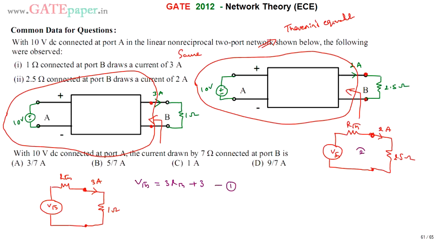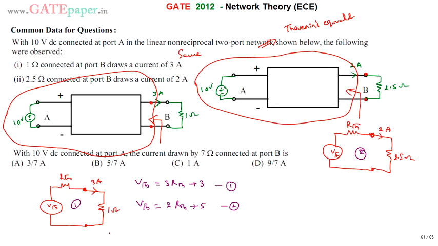From the second circuit, apply KVL: the current flowing is 2 amperes, so VTH is equal to 2 into RTH plus 2 into 2.5, which is 2 RTH plus 5 volts. This is the second equation. Now simplify equations 1 and 2 and get the values of RTH and VTH.